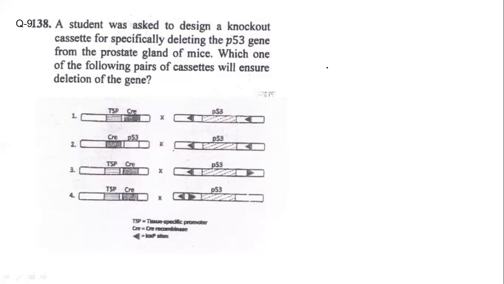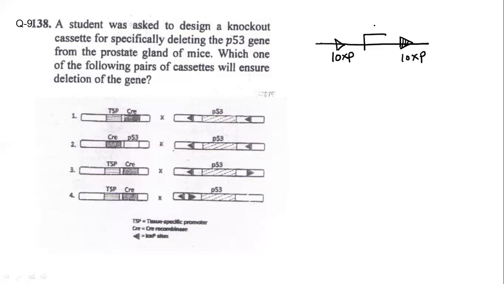We know that during a gene knockout experiment with the Cre-LoxP deletion system, if the LoxP sites are in the same direction, it will lead to the deletion of the gene.